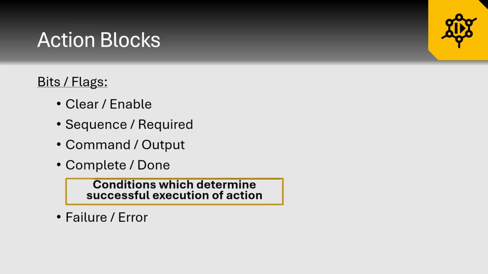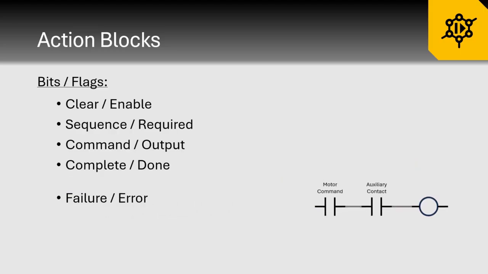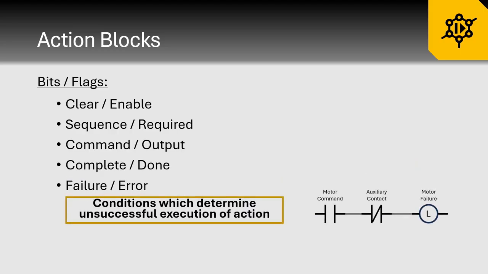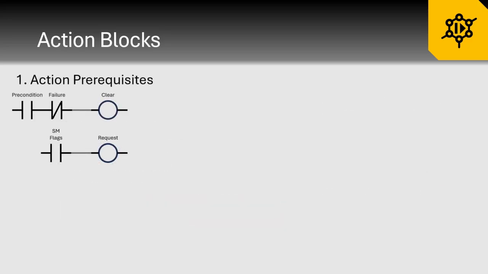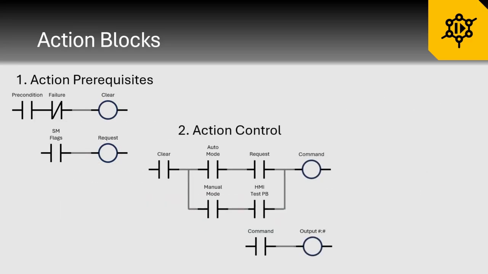The complete flag lets the requester know the action has been successfully executed. The failure or error flag occurs when the output does not execute properly, for example, a motor auxiliary contact. This error will block the clear flag, and it will notify the alarm manager. To simplify, action blocks consist of prerequisites, control, and results.